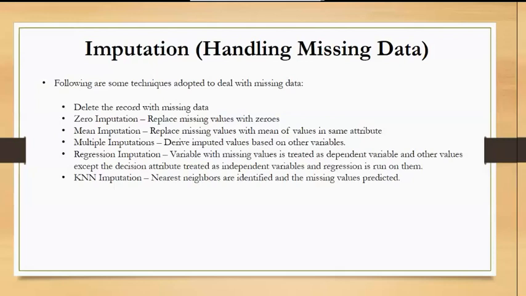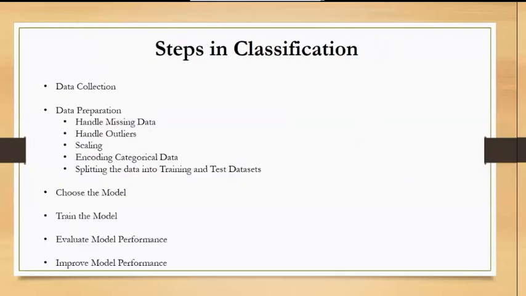That is called regression imputation. KNN imputation is also a similar technique where the nearest neighbors are identified and missing values predicted. KNN is a classification technique which we will see shortly. So here you are going to use a classification technique to impute missing values and then perform the classification. These are the major ways by which we do imputation.